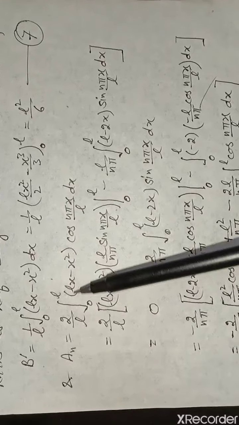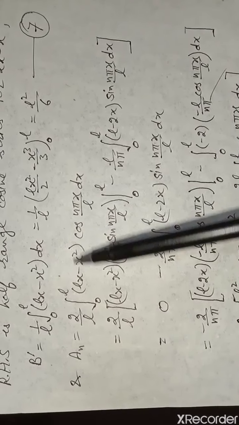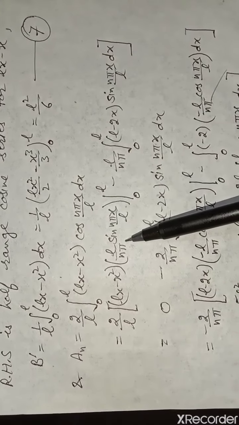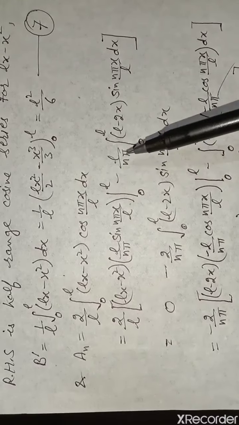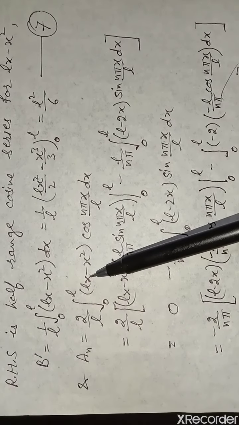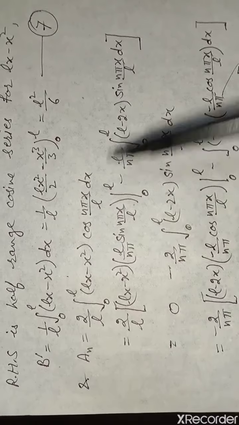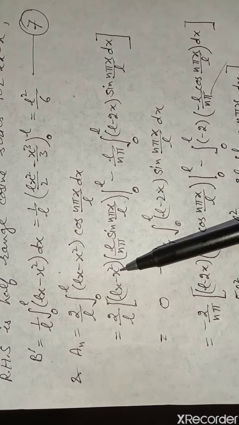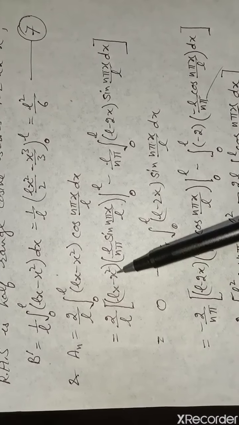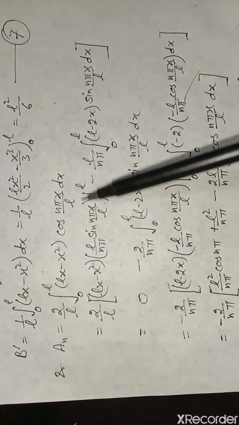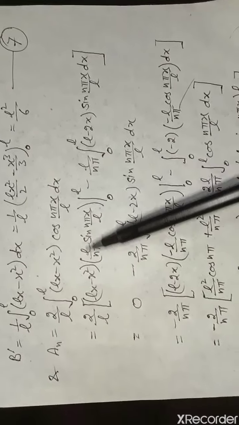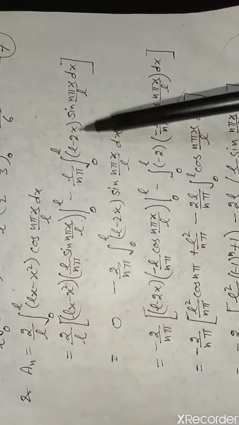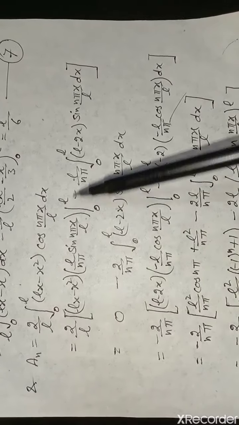2 by L, and here we integrate this by parts. This is the first function, this is the second function. First function times integration of second function from 0 to L, minus integration of derivative of first function times integration of second function. When x is equal to L this part is 0, and when x is equal to 0 again this is 0. So this part will not give any contribution. Now we have only this part, 2 by L, L will be cancelled.